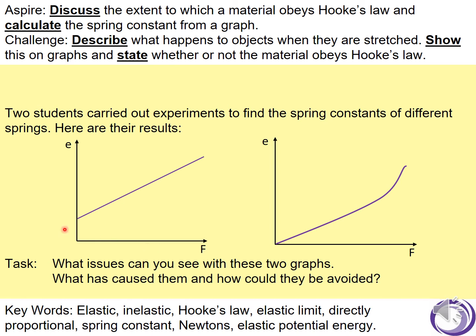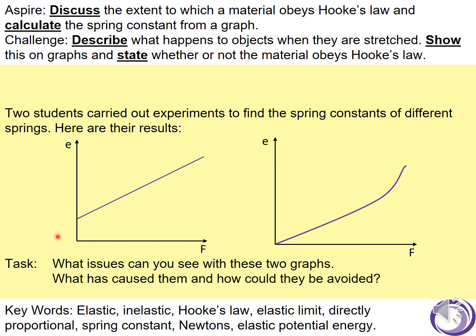Now in this particular graph here we have an issue. I'd like you to think for a second about what the issue is with this particular graph and what has occurred so that it can be avoided in the future.